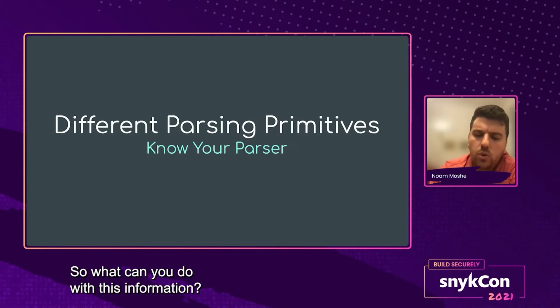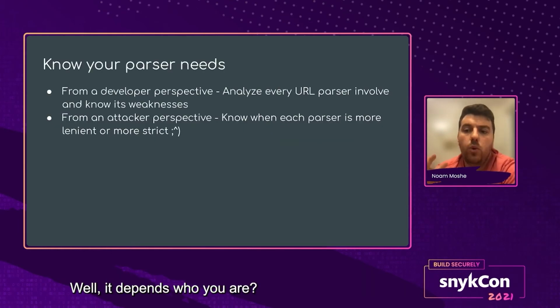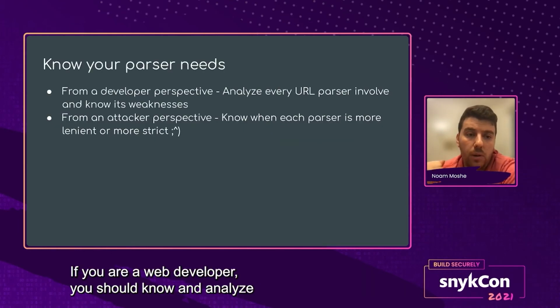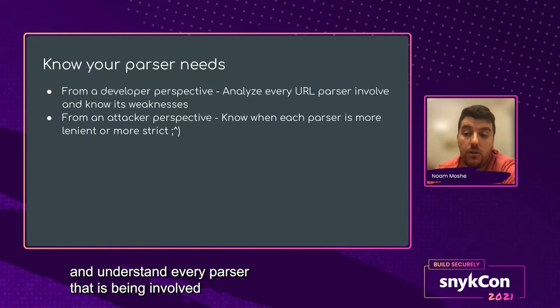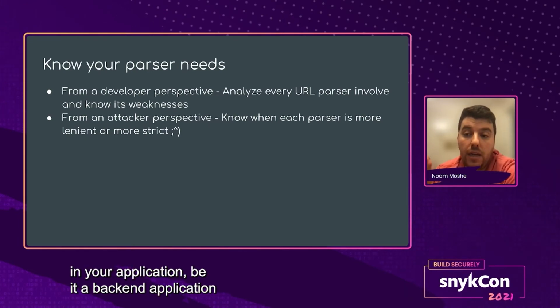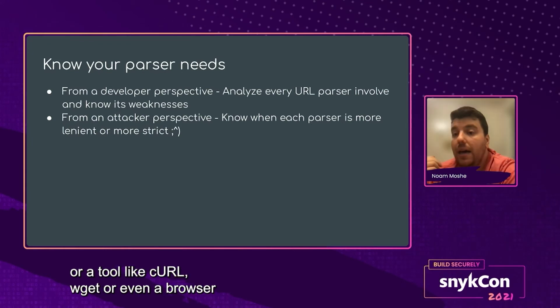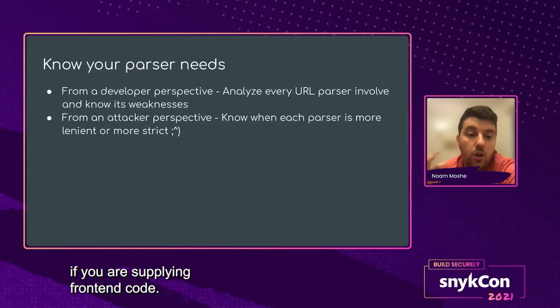So what can you do with this information? Well, it depends who you are. If you are a web developer, you should know, analyze and understand every parser that is involved in your application, be it a backend application, a tool like curl or wget, or even a browser if you are supplying front-end code.